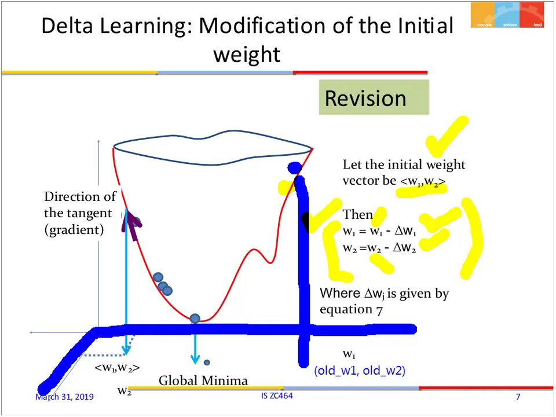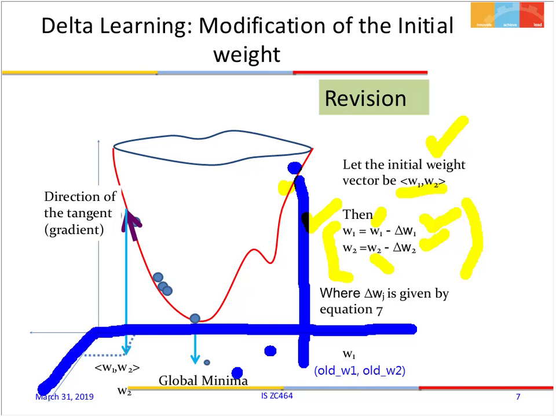So we started with this, but where should we move to? What should be my new W1 and W2? Suppose I wanted to come to this direction, whether this will be the best direction to come to, or whether there should be another direction to go to, so that in the best possible time we find the global minima. So we had taken a greedy strategy to come down to the direction which has the steepest descent, the steepest slope downwards.